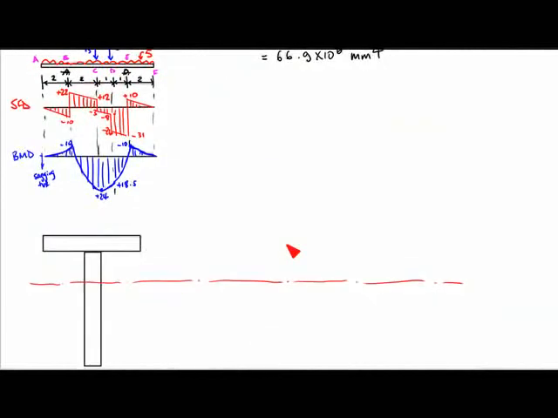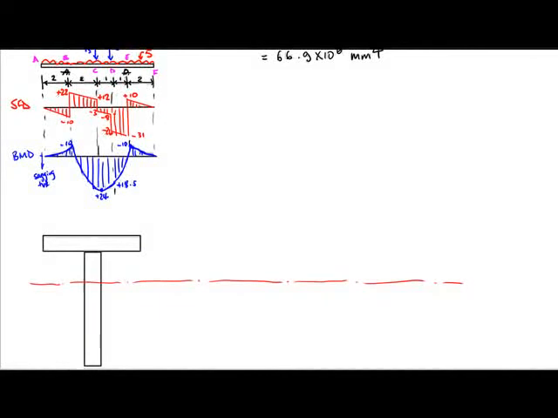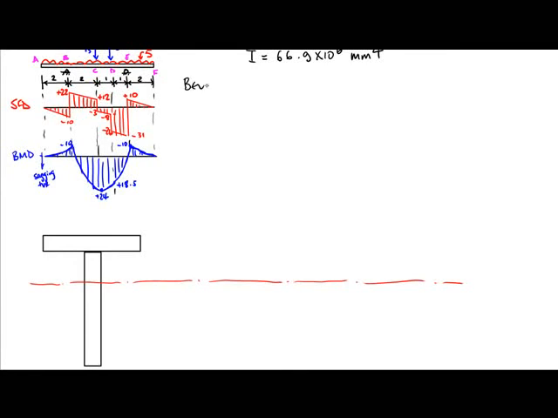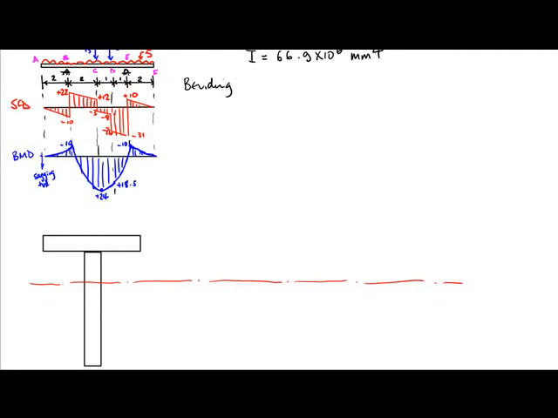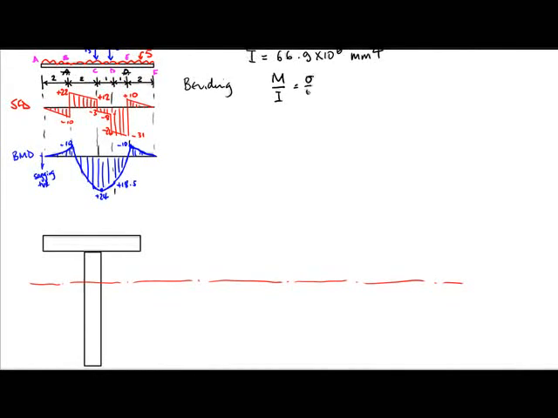Okay, this is the I-beam with its loading, and we've got the second moment of area now found, and we're going to firstly look at the bending distribution. So for the bending moment, we get from the bending moment diagram, the bending stress comes from the bending moment using the engineer's bending equation, which we call the Misy equation.